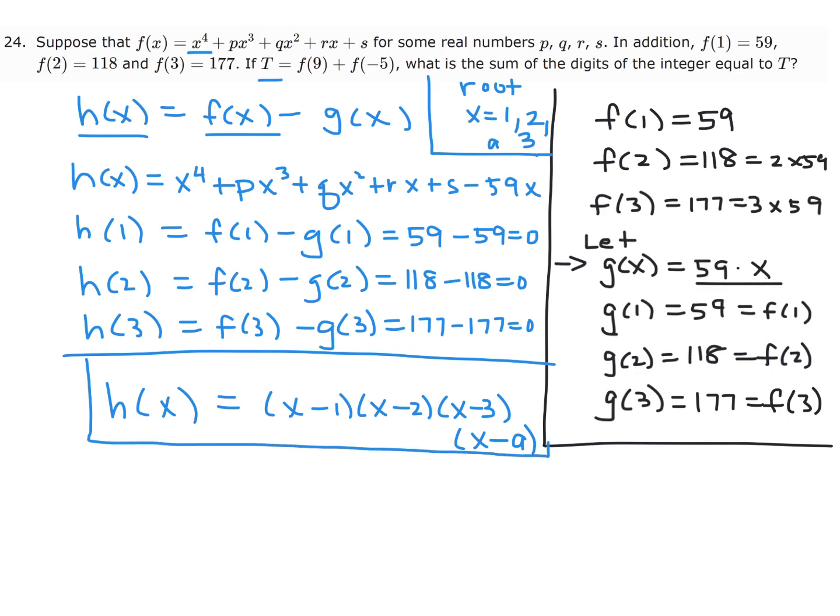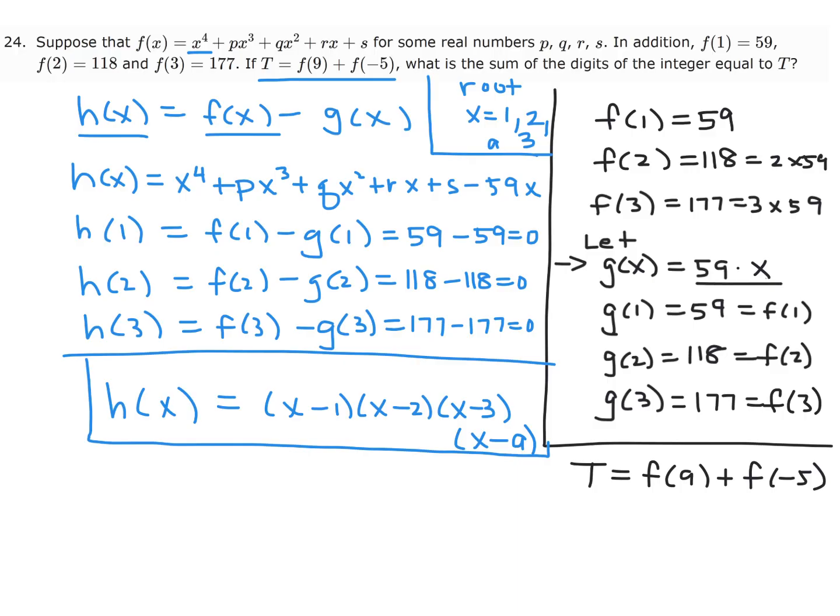Okay, now let's go back to the t and see what we get. So t is talking about f at 9 and f at minus 5. Okay, so let me put that over here. It's f at 9 plus f at minus 5, actually. That's what it's saying. All right.